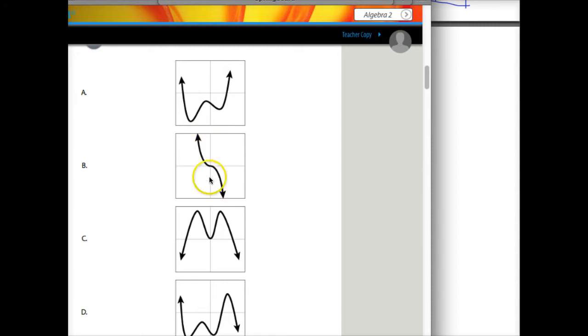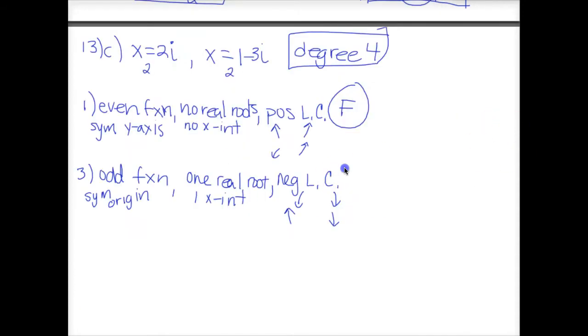So this is symmetric about the origin. It says one real root. Well, this does. It has one x-intercept at 0. Then a negative leading coefficient here. Yes, it does have end behavior consistent with a negative and odd degree. So that is how I came up with choice B.